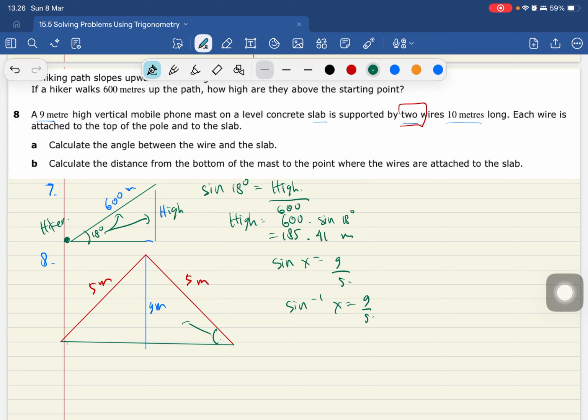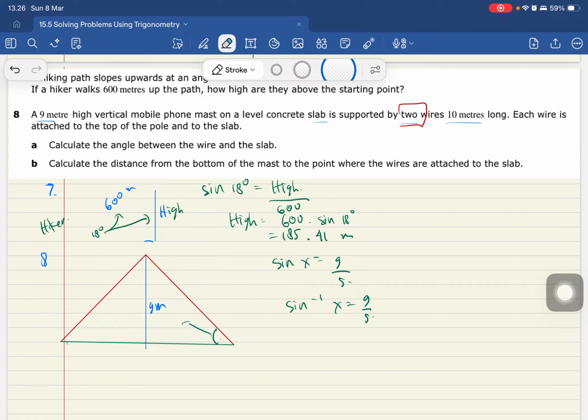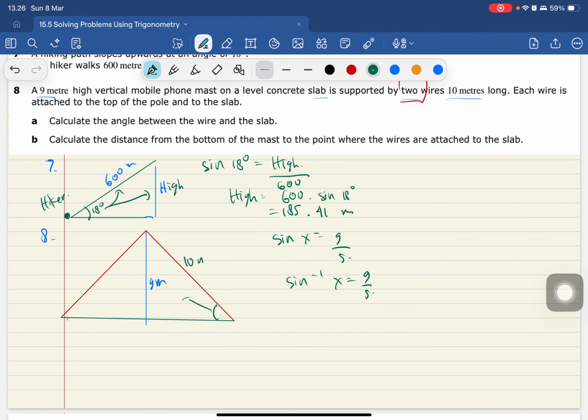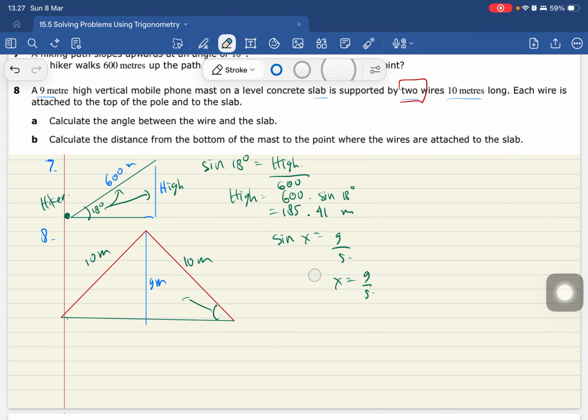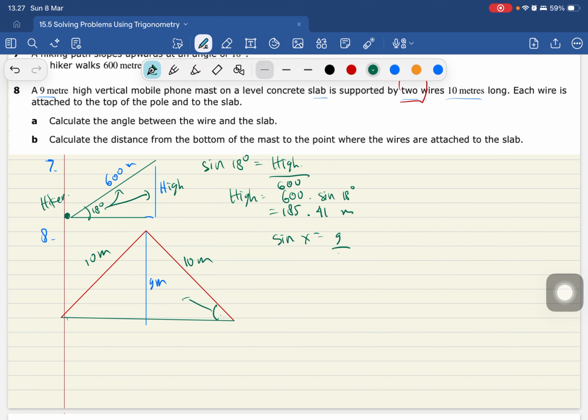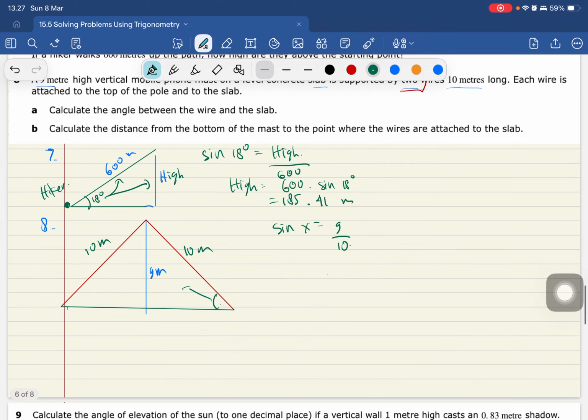So let us read again. 9-meter height vertical mobile phone mast on a level concrete slab is supported by 2 wires, 10 meters long. Each wire is attached to the top. So this is not 5. Each wire is 10 meters, so here is 10, or 0.9.